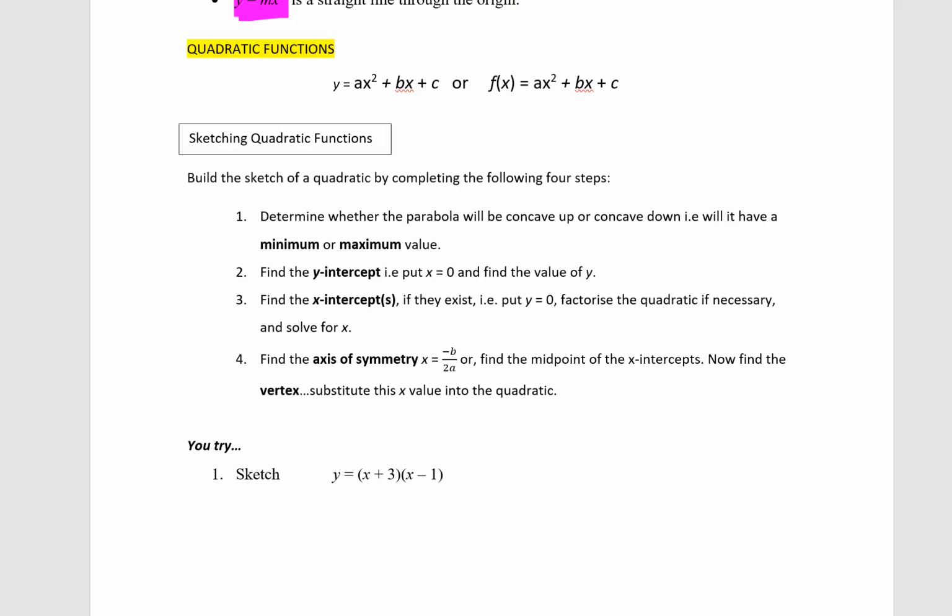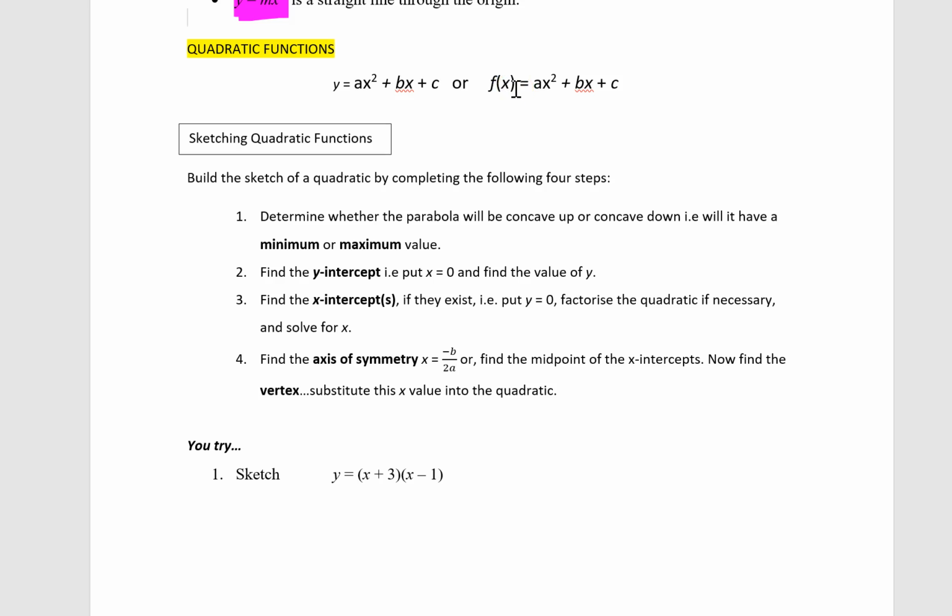The next type of function that we will look at are the quadratics. Now, you would have seen the equation for the quadratic written like this, obviously with numbers in the spot for A, B and C. The only difference now is you might see that quadratic given the notation f of x.